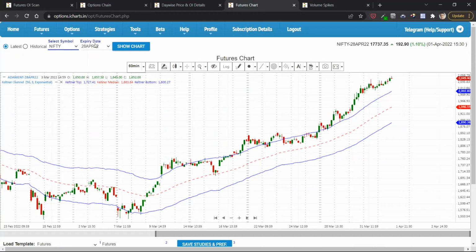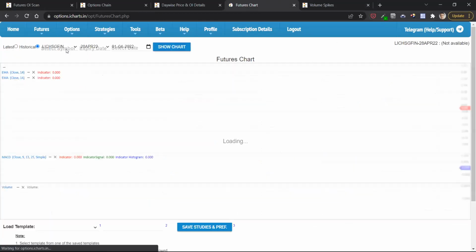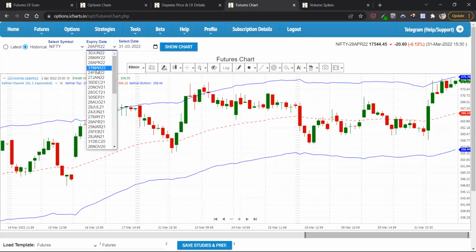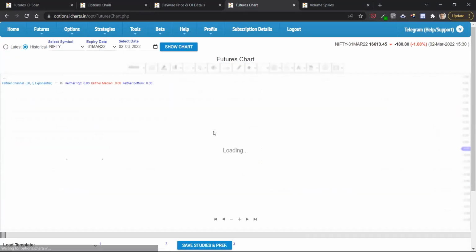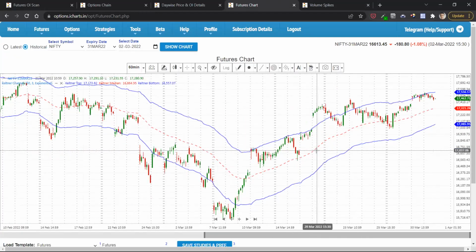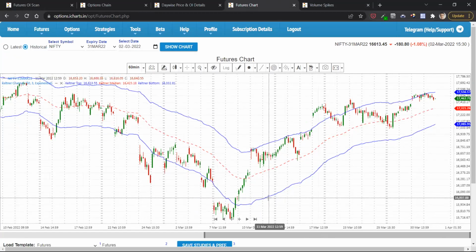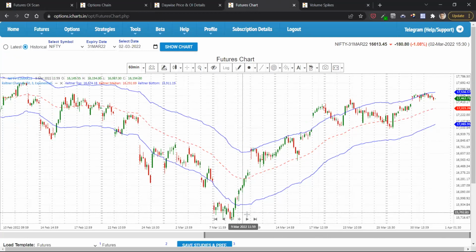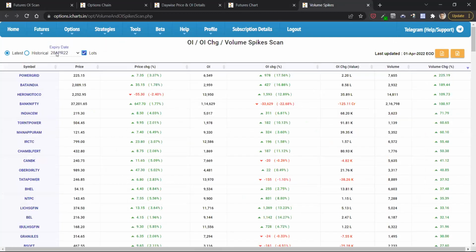We can take a look at the market in general. Let me try from here. On 9th March, the market bottomed here.